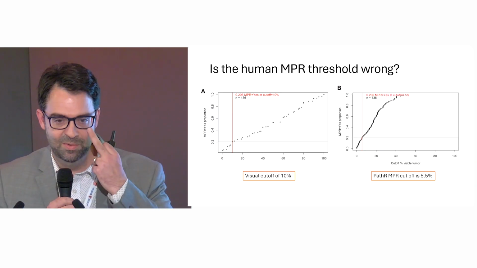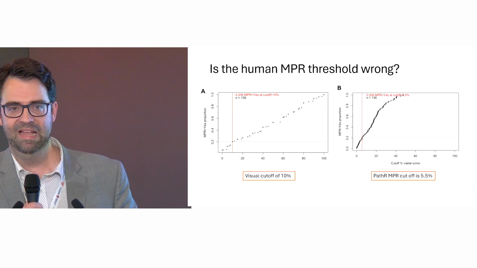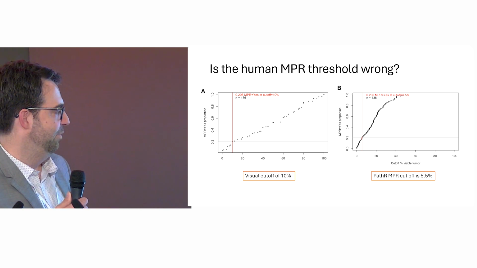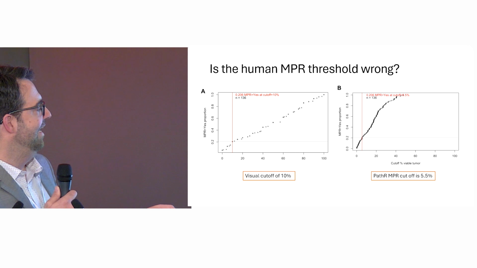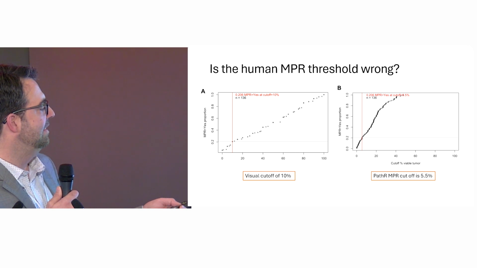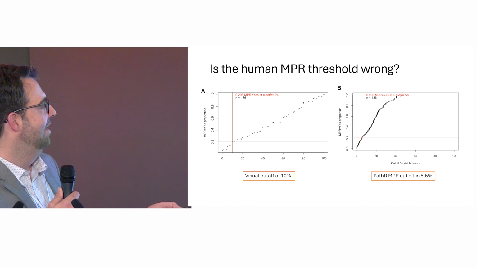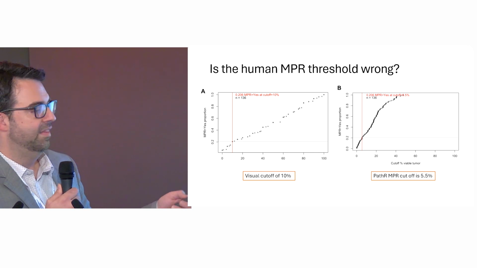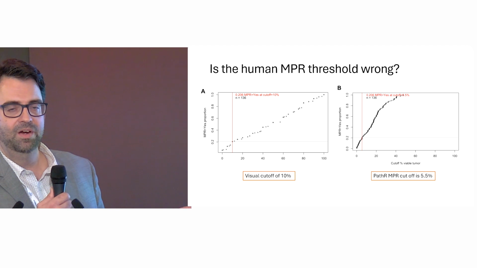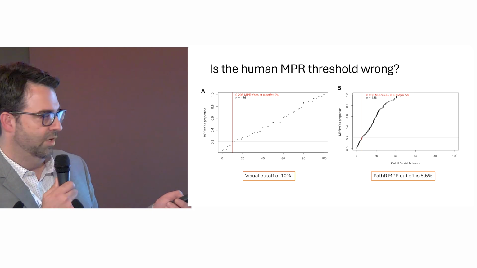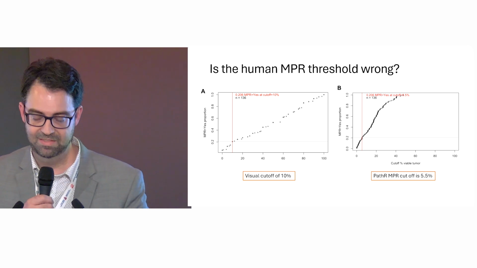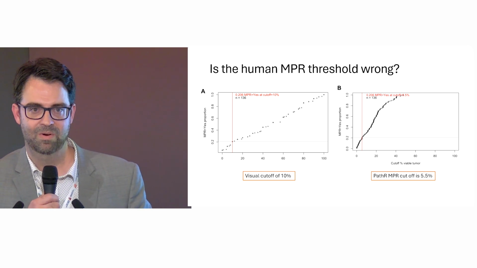The other interesting thing in the paper is that the human MPR threshold may be wrong. The visual cutoff we use is 10%. If you take that group, which had a 20.6 MPR rate, and see what MPR rate the computer was giving for that same population, it was actually 5.5. So that 10% is artificial and may be wrong.